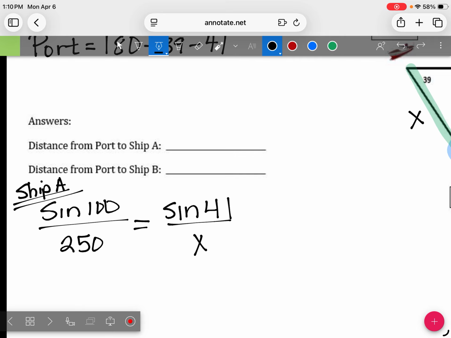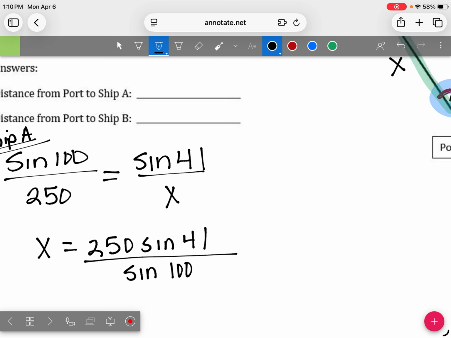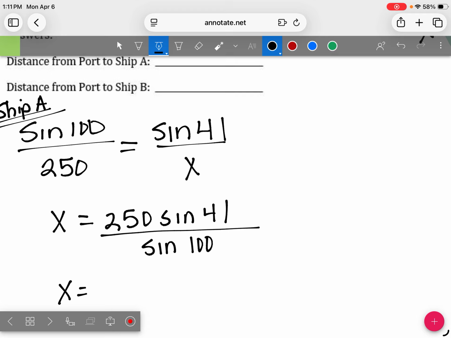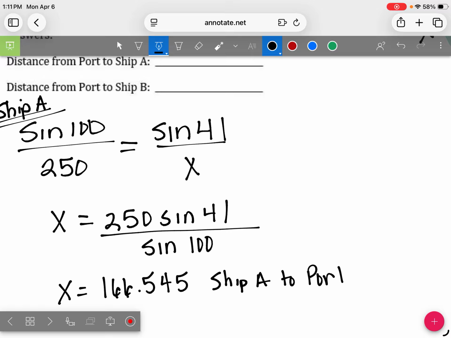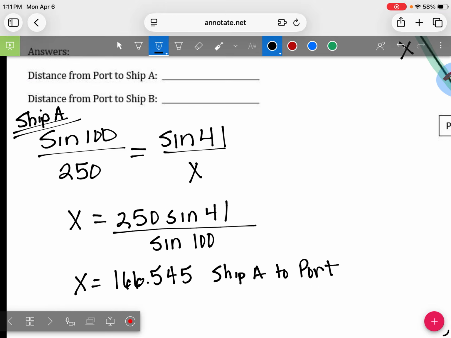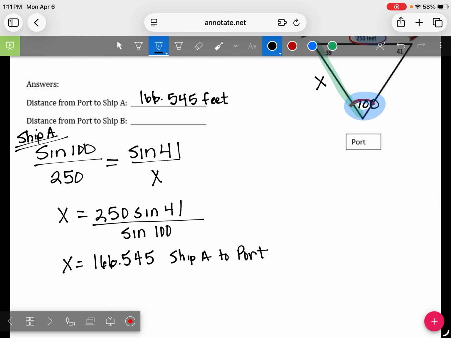So you go ahead and cross multiply it. And try not to forget units, which should not be feet, but we'll go with feet.